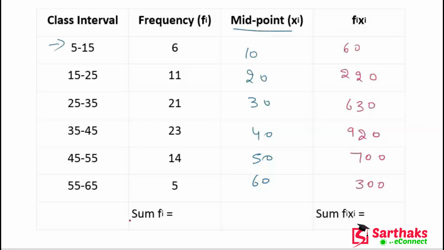Now my dear friends, what is the summation of fi? If we sum all these numbers of fi we get 80. If we sum these numbers of fi xi we get 2830. Now we know the formula of mean: x bar is equal to summation of fi xi divided by summation of fi.